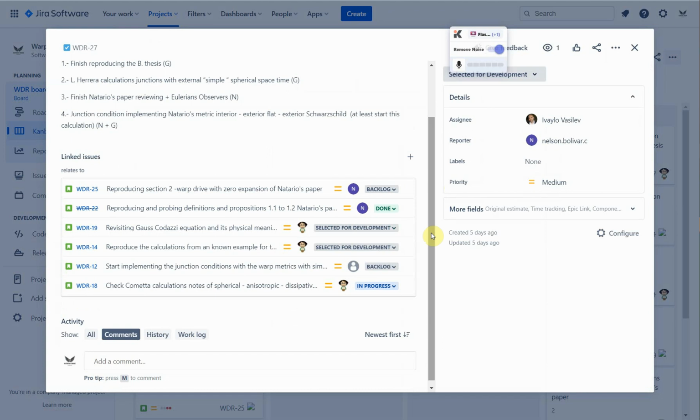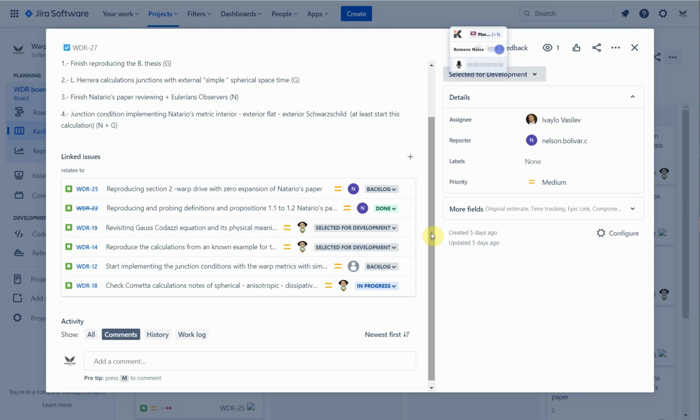Sure, Ivailo. Well, as you can see, we have a plan for the next 2 weeks. The plan is basically to have 4 items. These 4 items are the development and understanding of the junction conditions at a deeper level, which is something that we need to understand quite correctly to get to the warp drives and how to work with them.